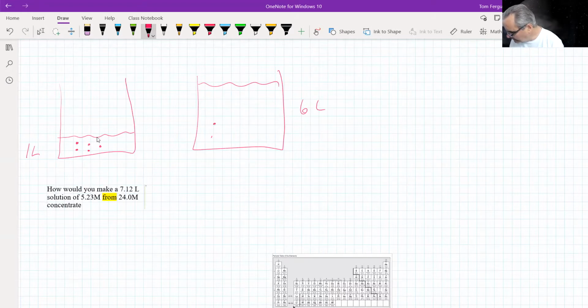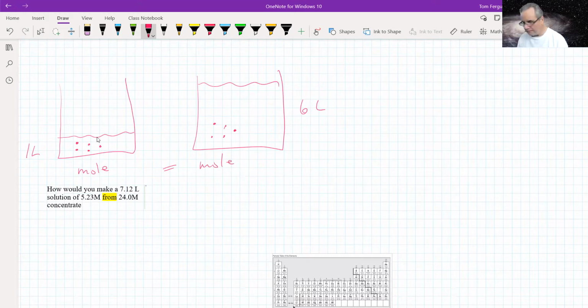We still have 5 particles, or the moles of particles equals the same. All we've done is we've increased the solvent. We haven't increased the amount of solute. So the solute moles has not changed.